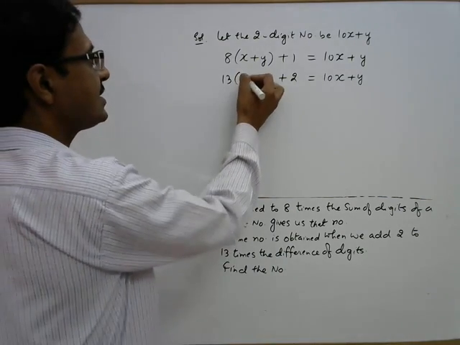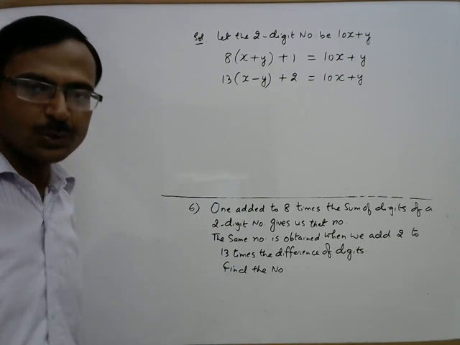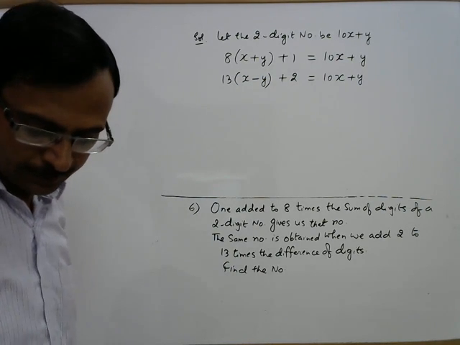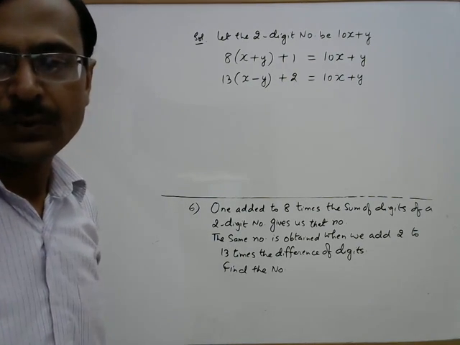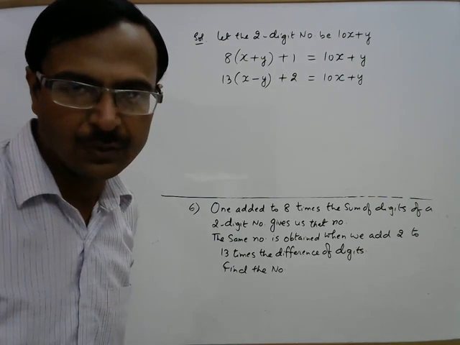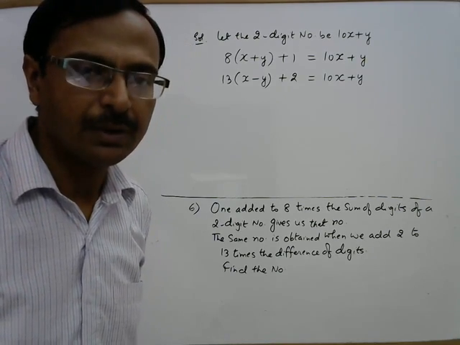So the difference of digits is x minus y. Now see students, I have framed the equations for you. You may simplify the equations, obtain a pair of linear equations and solve them to get the values of x and y, thereby giving you the number.